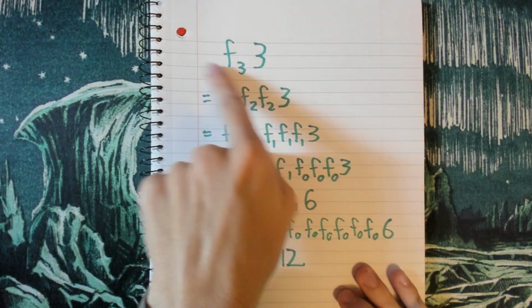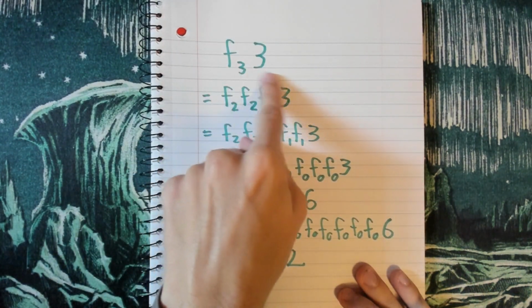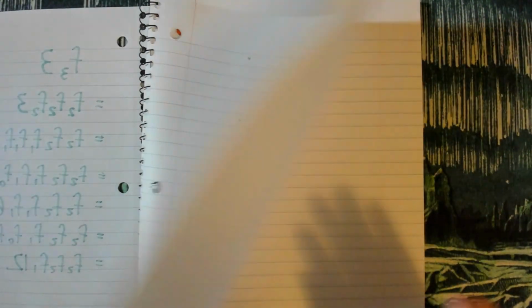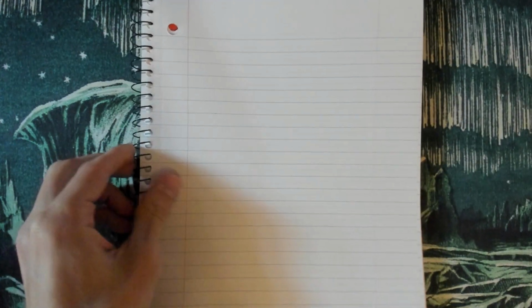So then the question is, how many digits approximately does f3 of 3 have? 5, approximately 100, approximately 100 million, or way, way more than that? Well, let's see.